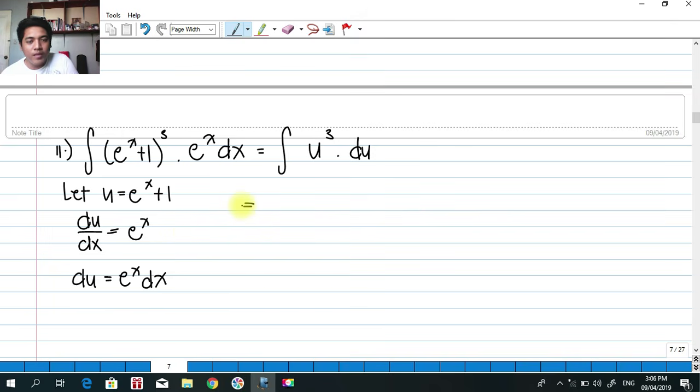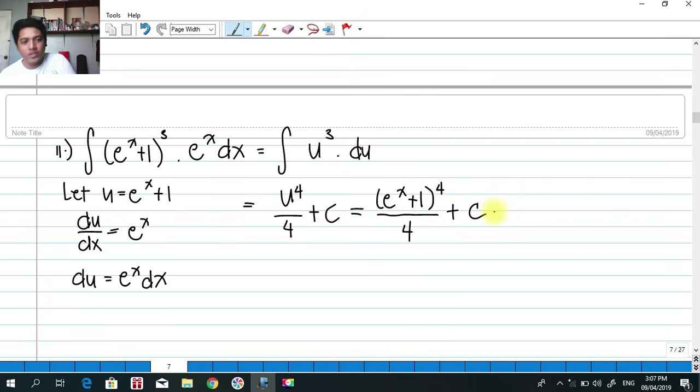Performing that, the integral of u cubed du is u raised to 4 over 4 plus c, or back substituting, u is e raised to x plus 1, so we have e raised to x plus 1, raised to 4, over 4 plus c. So this is now the equivalent integral.